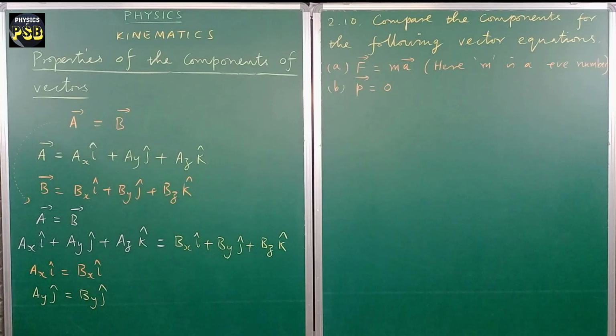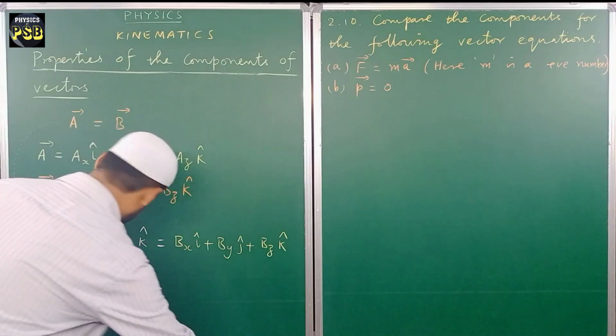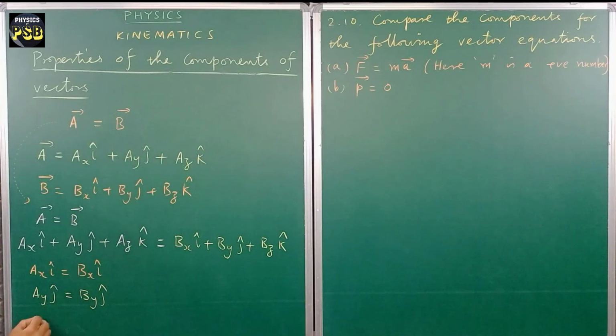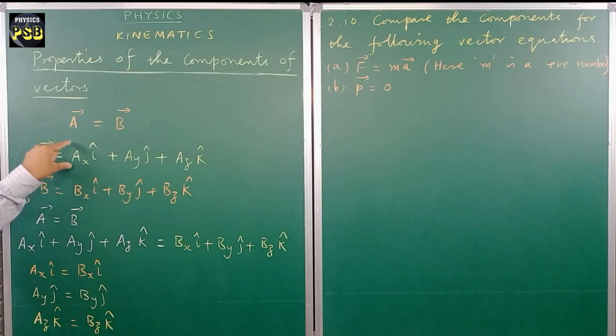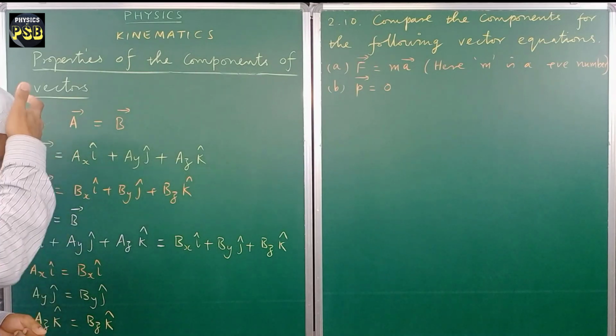In a similar way, Az k cap will be equal to Bz k cap. This is what it means. Now you would have understood that if two vectors are equal, then their components will also be equal to each other. This is what we understand from this.